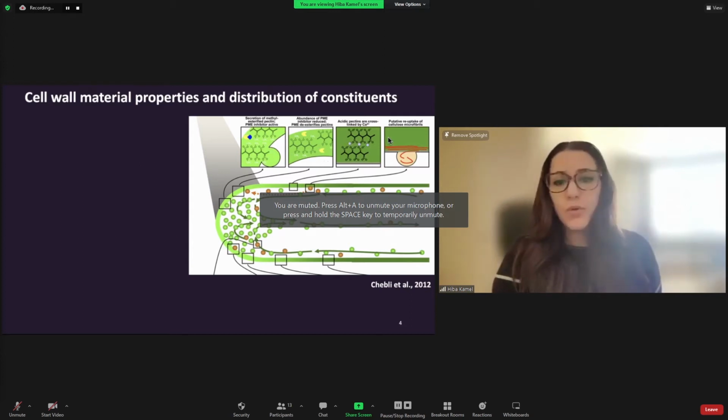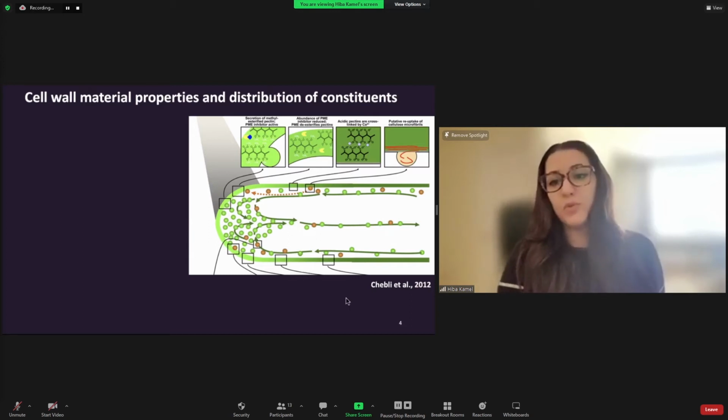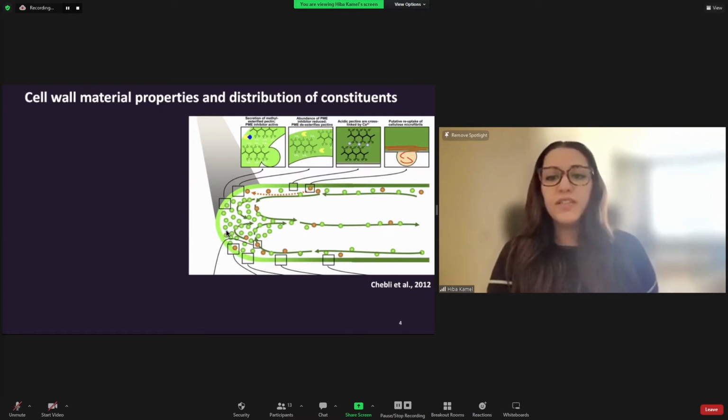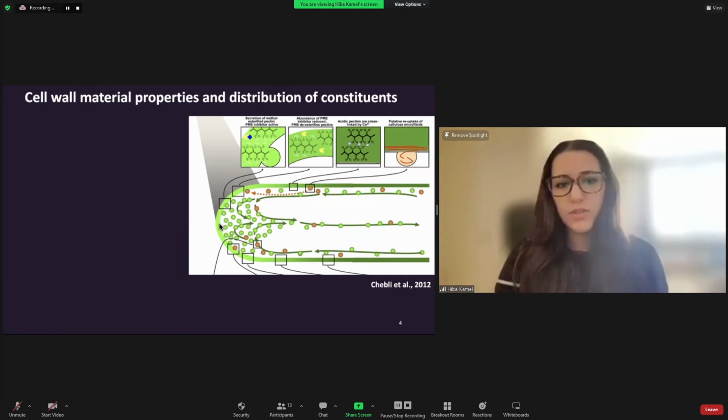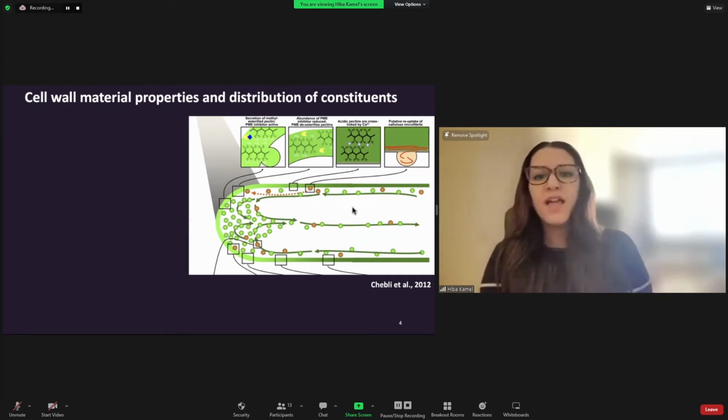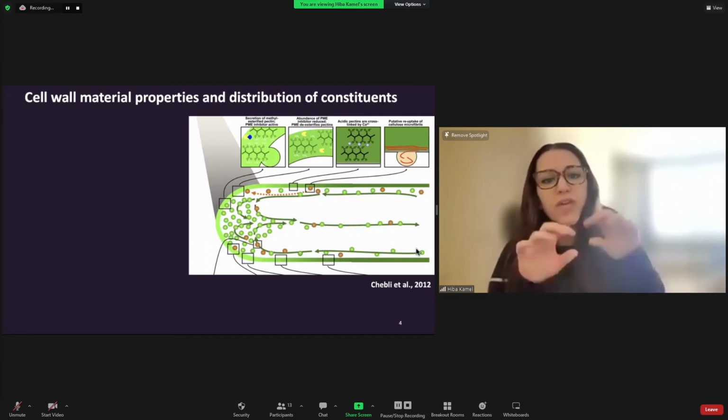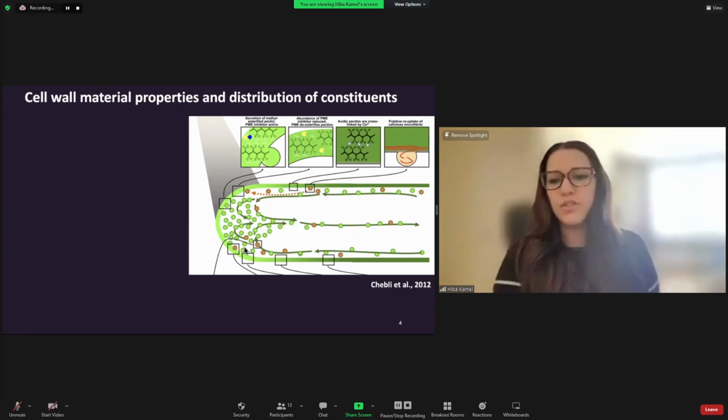And we will not go into the molecules depicted in these boxes, but what we will see is that different molecules are secreted into the cell wall, and it will give either a stretchy material property to the pollen tube or a more stiff or rigid cell wall property, so that we have growth only in one region. So this is some of the components.